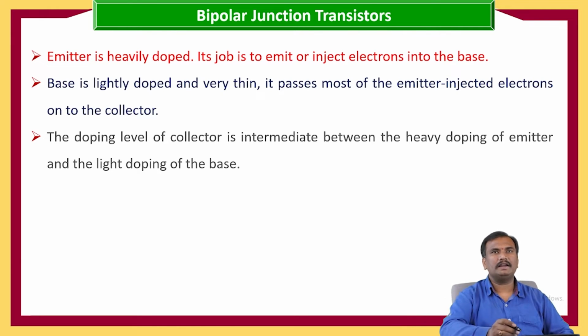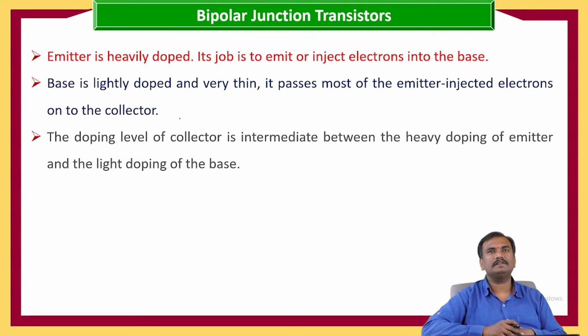And base is lightly doped, very thin, and it passes most of the emitter injected electrons onto the collector. Base is lightly doped and very thin, and it is just like a mediator between the 2 layers. Whatever electrons we get from the emitter layer will be passed to the collector. So the base will work as a mediator between the emitter and collector.